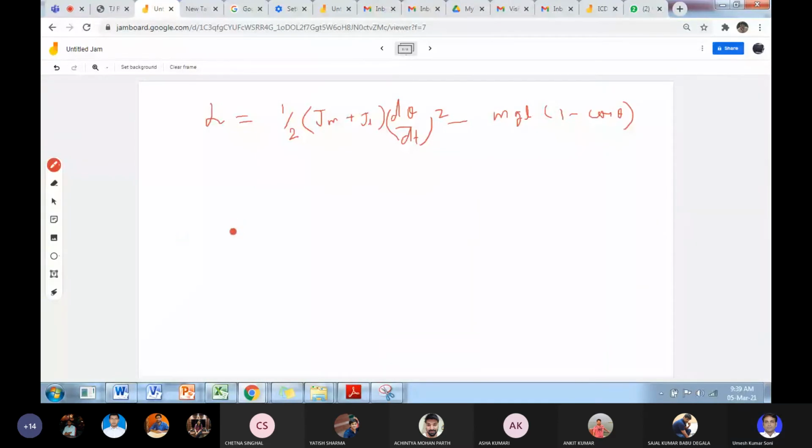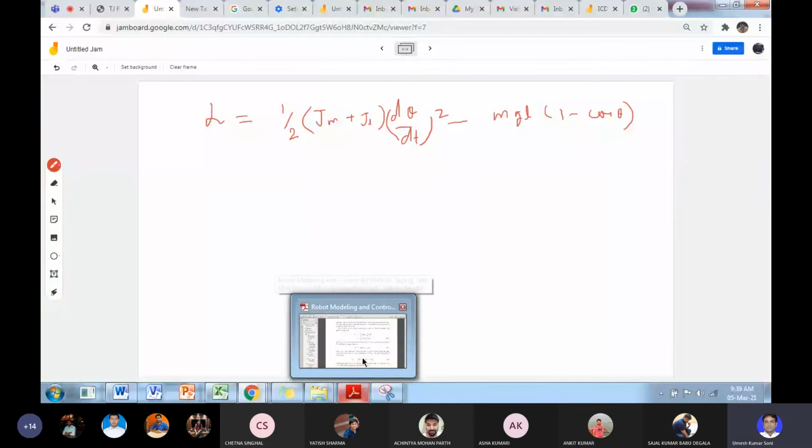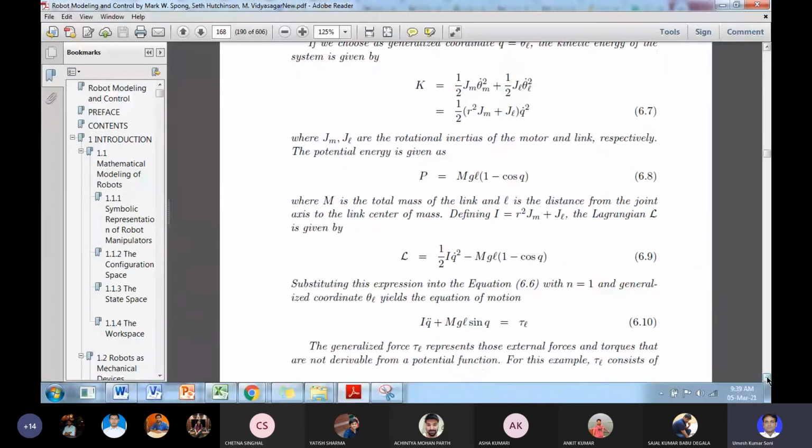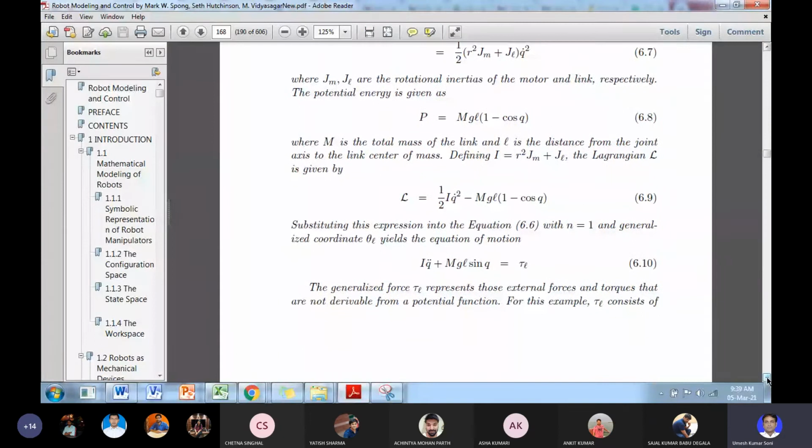Okay, so now you can determine the force and torque.